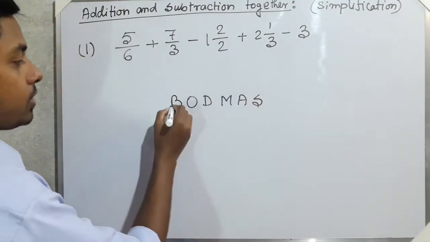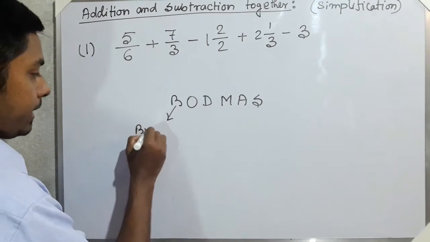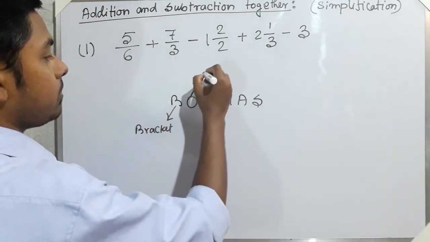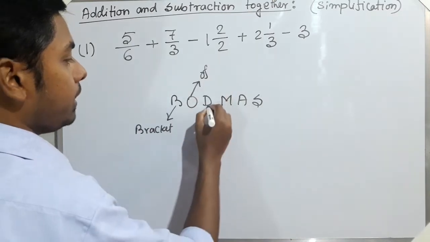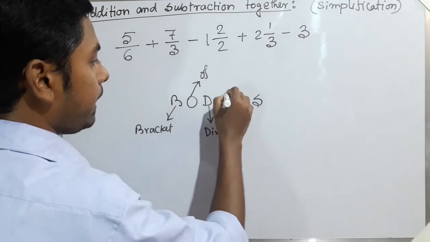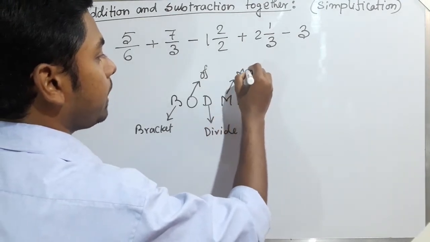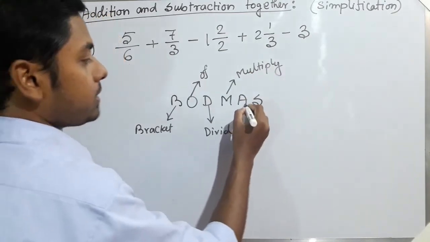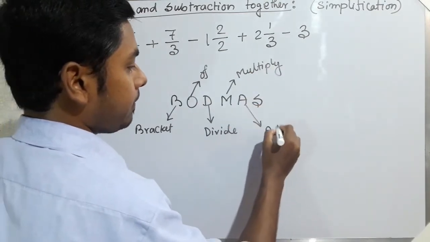BODMAS. Okay. So B stands for what? Bracket. O stands for what? Of. D stands for what? Divide. M stands for what? Multiply. Okay. A stands for what? Add.